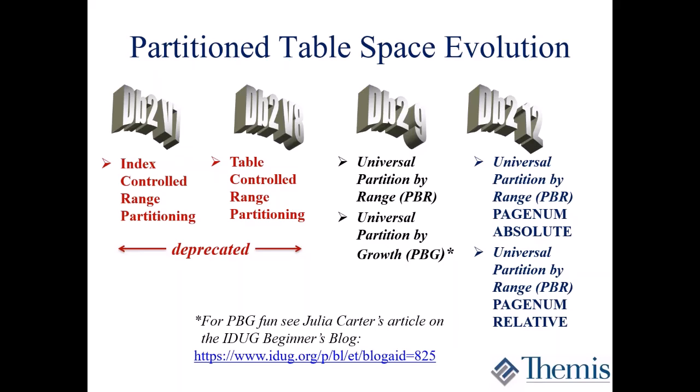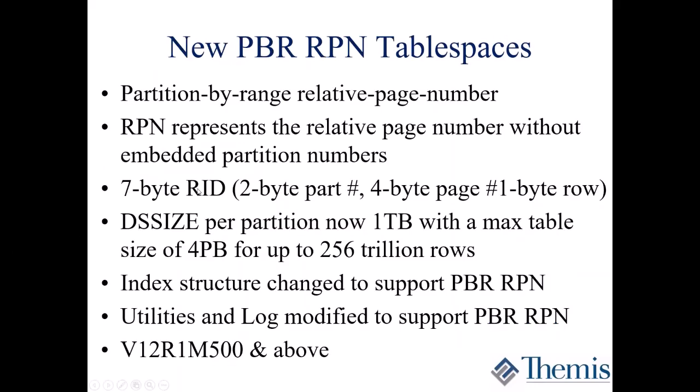In kind of researching this feature when version 12 was new, I learned a lot that I had never known before about the way page numbering worked in conjunction with partitioning prior to version 12. Okay, so we have those two choices now, absolute page numbering or relative page numbering.